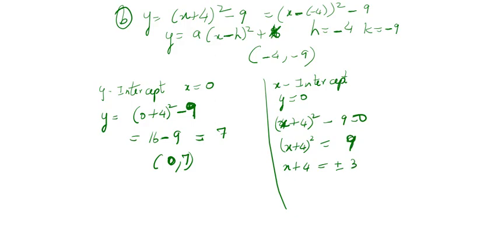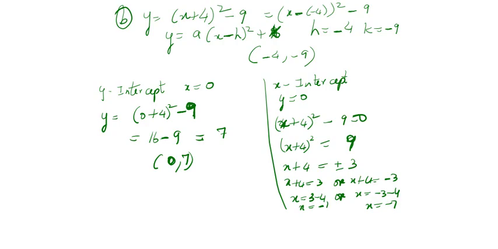So you'll get x plus 4 is equal to 3, or x plus 4 is equal to minus 3. From here you get x is equal to 3 minus 4, or x is equal to minus 3 minus 4, so you get minus 7. Here you get minus 1.